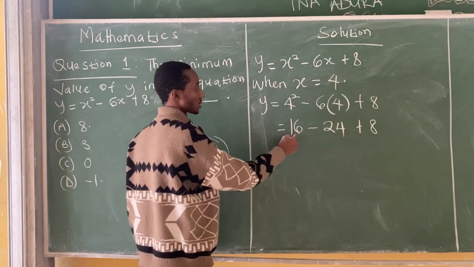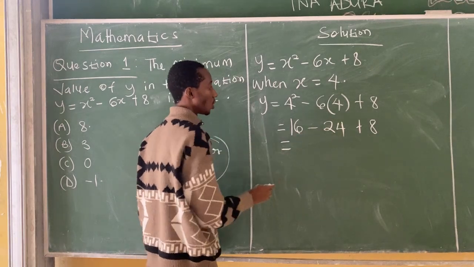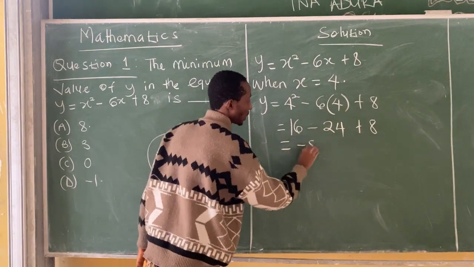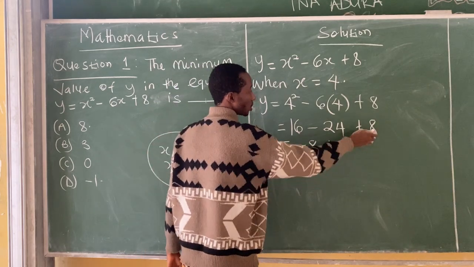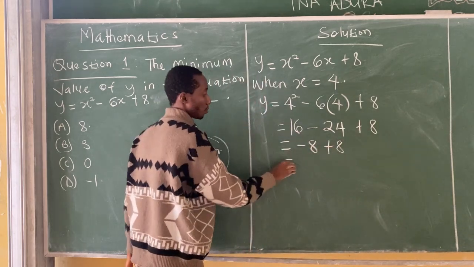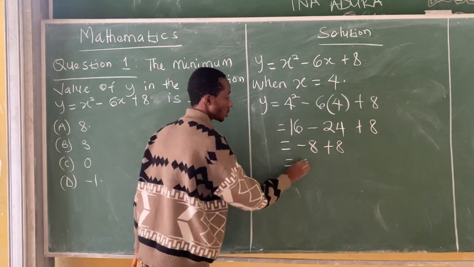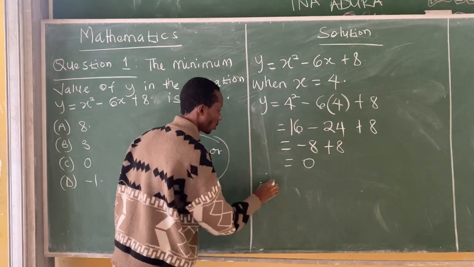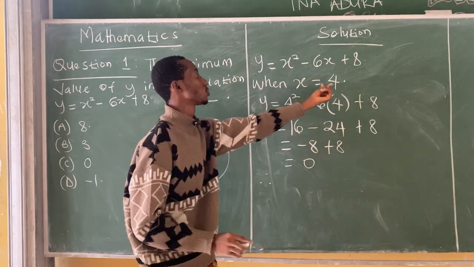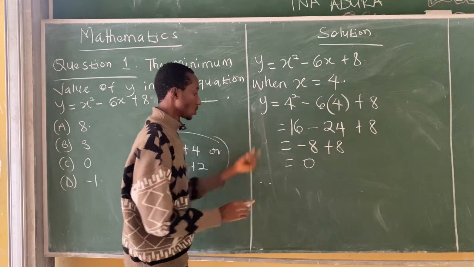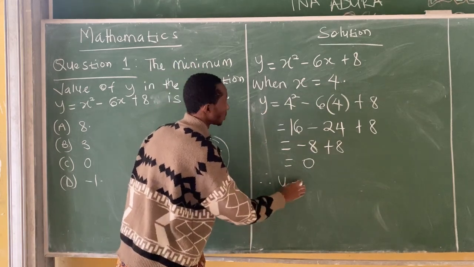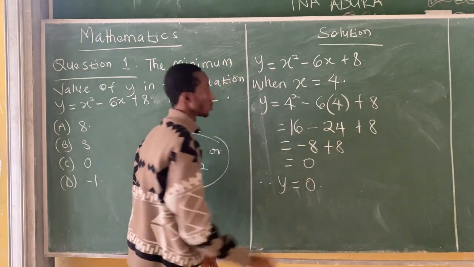This is the same as 16 minus 24, which is minus 8, plus this 8. Minus 8 plus 8 is equal to what? 0. Therefore, when x is equal to 4, y is equal to what? Y is equal to 0.